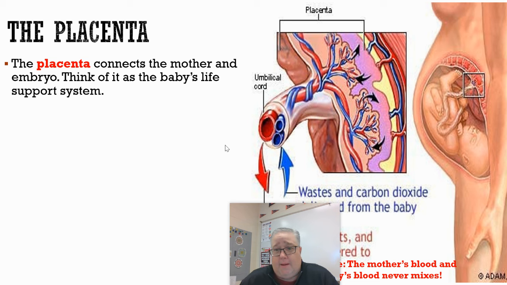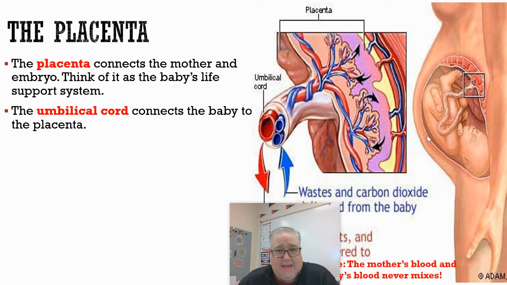If you look here at my cursor, obviously here's the baby, but this area here is basically the lining of the uterus. This particular region is a unique area of the uterus that is connected to the baby through the umbilical cord, and it's what keeps that baby alive. It provides it with nutrients and oxygen gas and all the things that it's going to need.